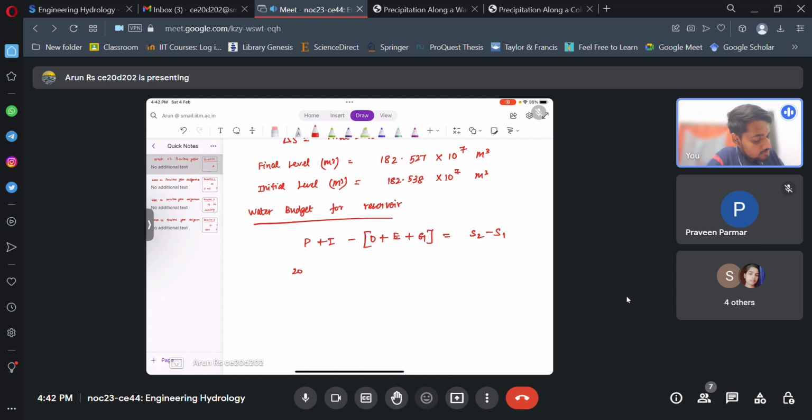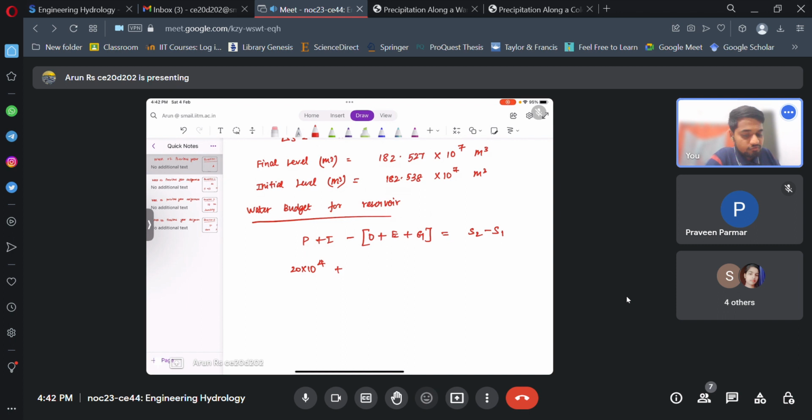So precipitation is 20 into 10 power 4, plus inflow to the reservoir is 288,000, minus outflow from the reservoir is 360,000, plus this is 0.8 into 10 power 4, plus your seepage to the ground, which is equal to this.